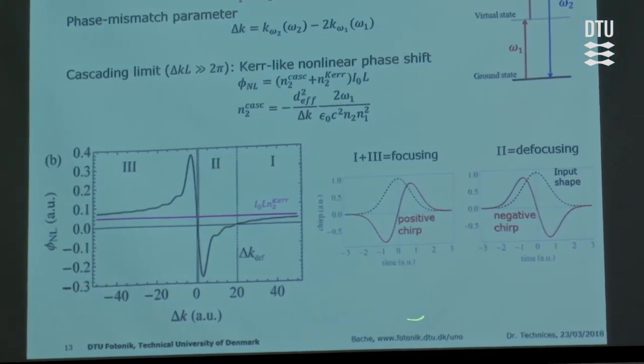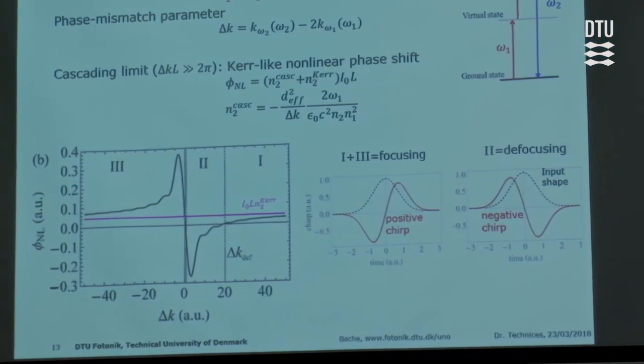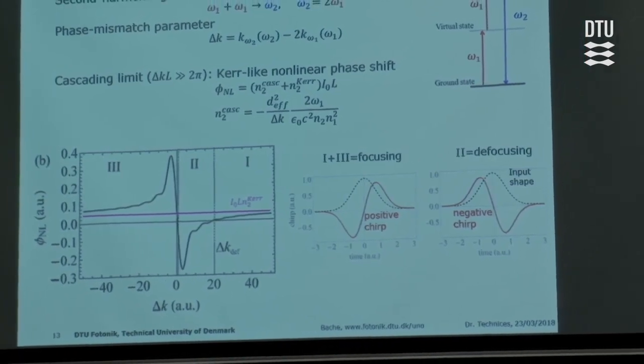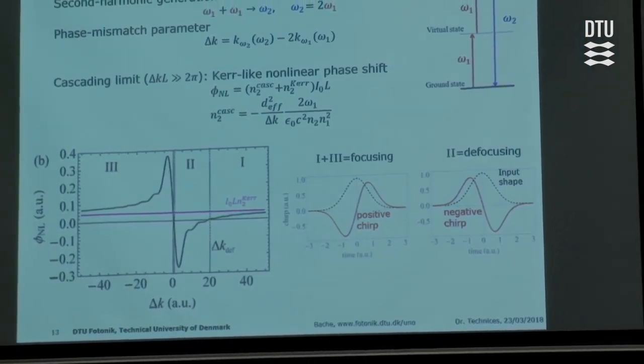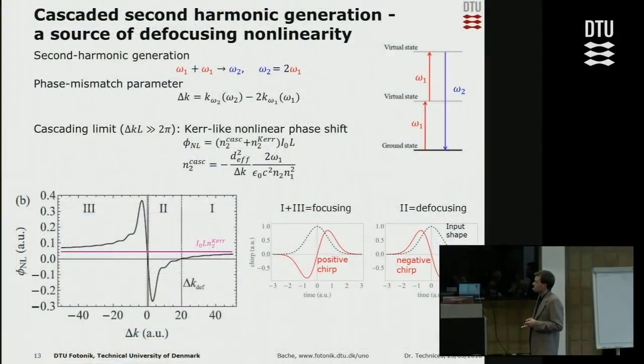You get a positive chirp across the pulse if you shine a femtosecond laser on the crystal. But if we are in regime 2, which is in the defocusing regime, we can actually access a negative nonlinearity, a defocusing nonlinearity that generates a negative chirp. And this is advantageous and actually quite unique for this system that you don't see in other systems.